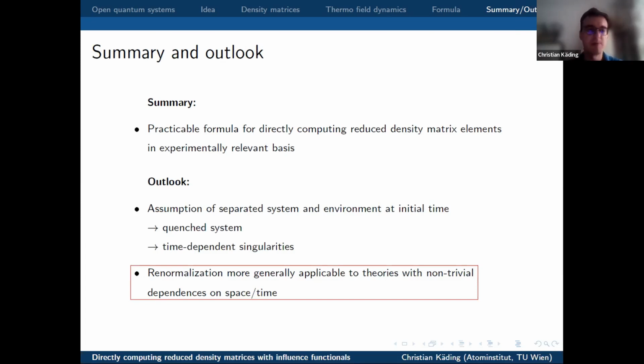So there might be a more direct way, but there's no assumption about thermality here. You could maybe even forget about thermo field dynamics and call it differently. Sometimes you find this real space formalism or something like this. But you could, of course, also include thermal effects in here. In the paper that I have now, I don't consider them, but it's simple to put them in. So there's no assumption in this regard yet.